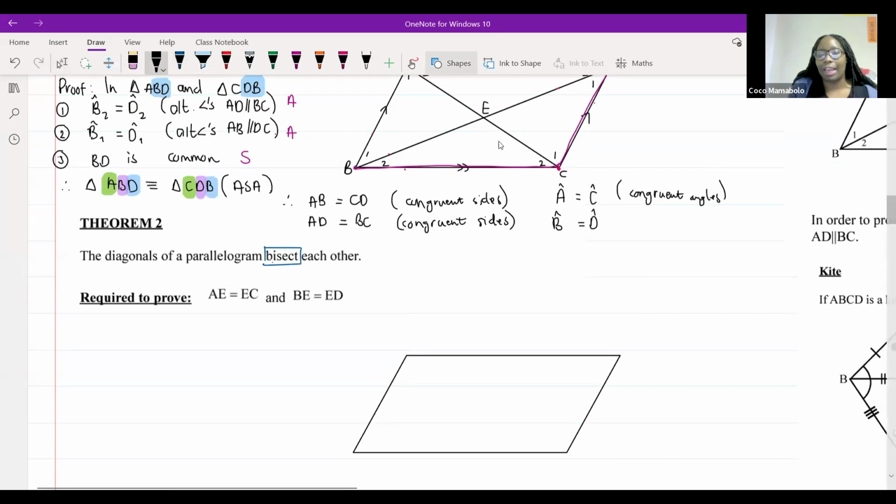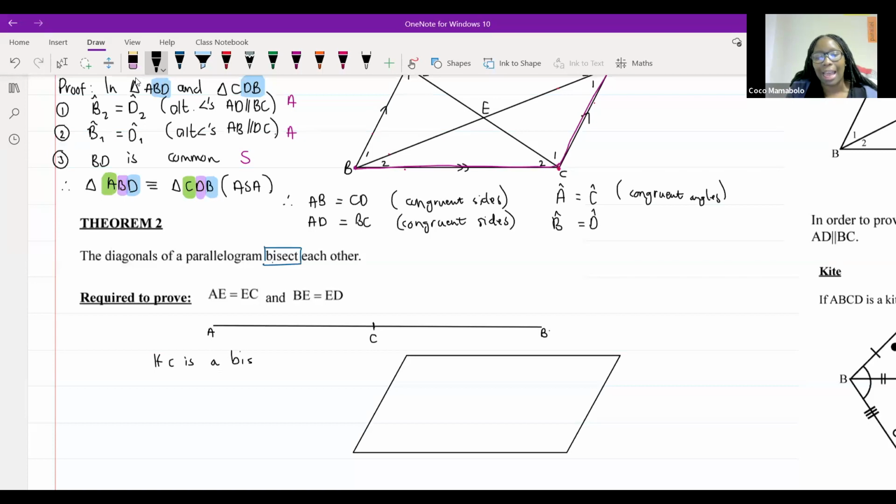If I have a line, I'm going to call this line AB, and I construct a bisector C. This then tells me what? If C is a bisector, what does that actually tell us about line AB?